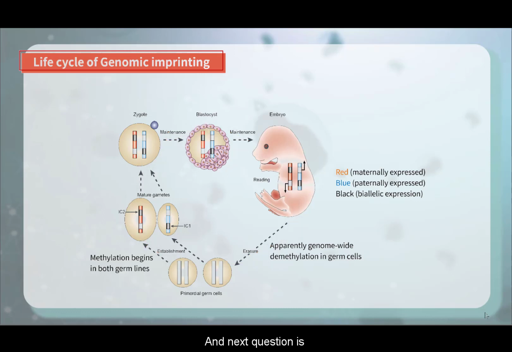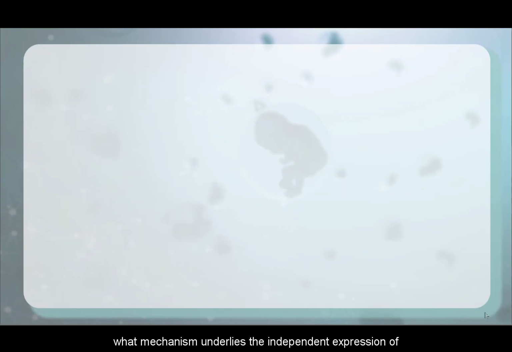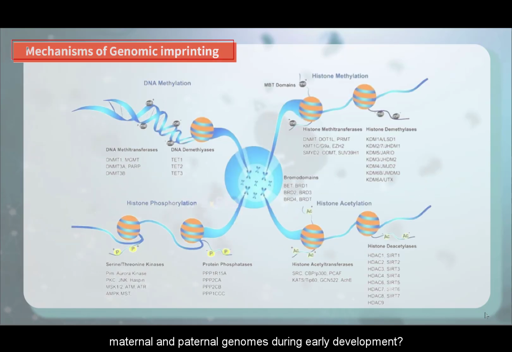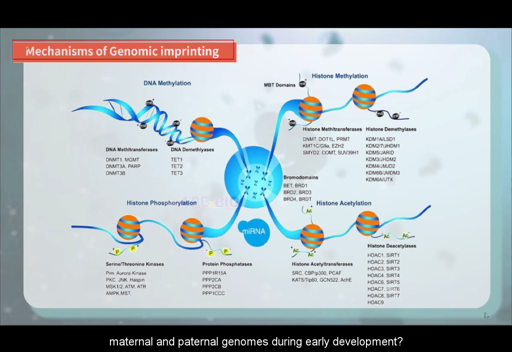And the next question is, what mechanism underlies the independent expression of maternal and paternal genomes during early development? Over the years, many investigations have uncovered regulatory relationships between DNA methylation, histone modification, long non-coding RNAs, and associated proteins.